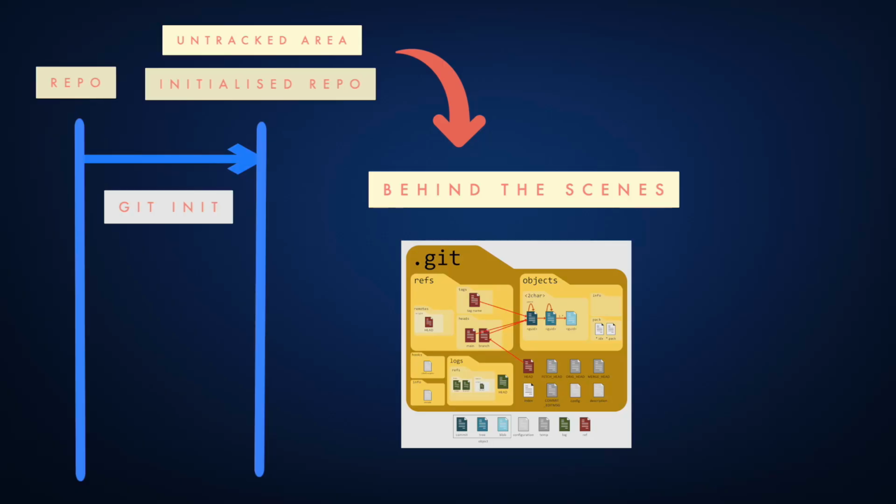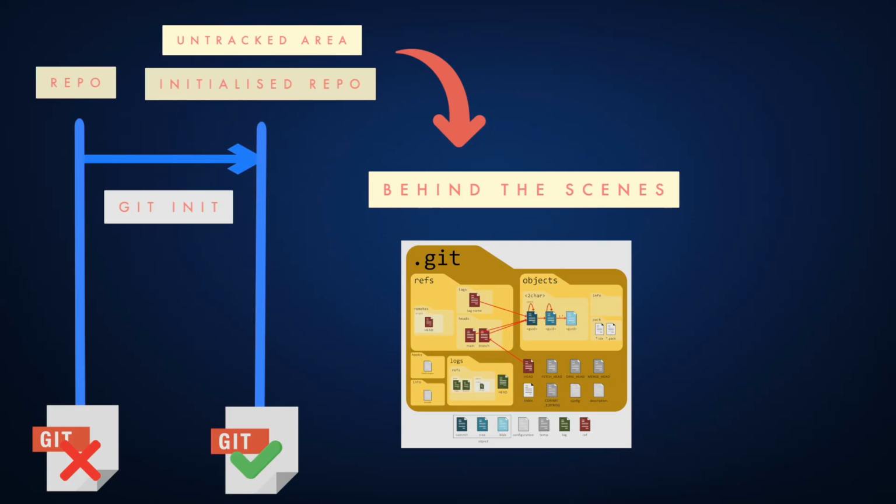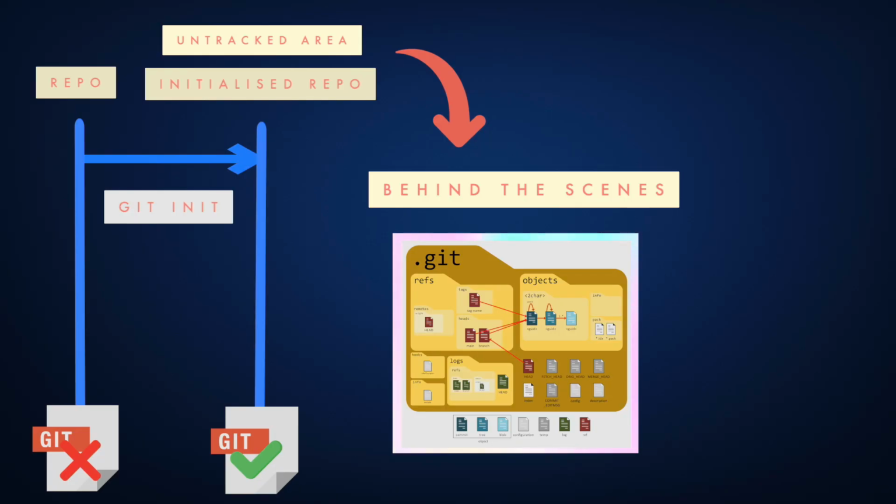So the difference is that before, the repo doesn't have the capability to create versions or track versions. But now, once it is initialized, it has the capability to create versions and track versions. And how did it get the capability? Through that hidden directory that got created, called .git. This is a very magical directory, and we are going to understand this directory more and more in upcoming lectures, right?